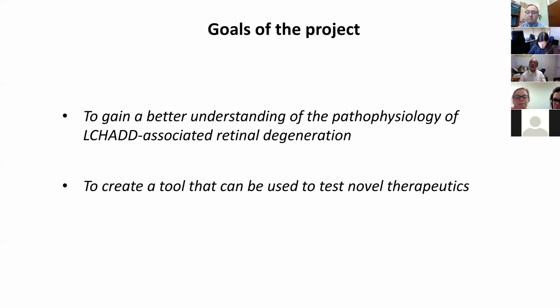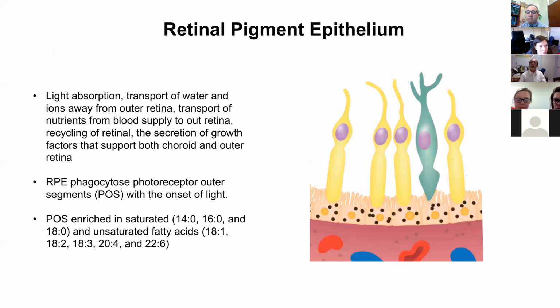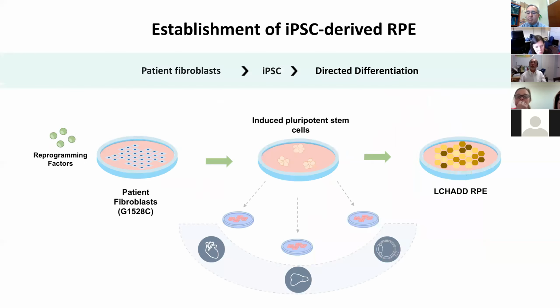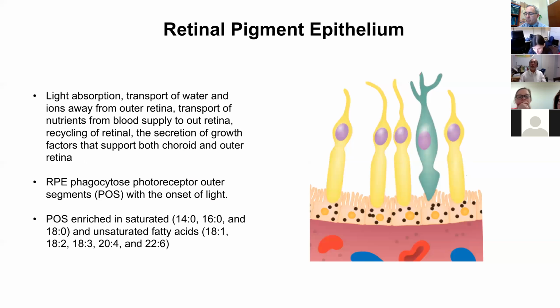Some of this has already been covered by Dr. Gillingham, but I did want to highlight just a couple of things here. She mentioned that the RPE is really integral in maintaining the health of the outer retina. You can see here in this schematic that the rods and cones interact with the RPE, and it's here that they phagocytose the outer segments.